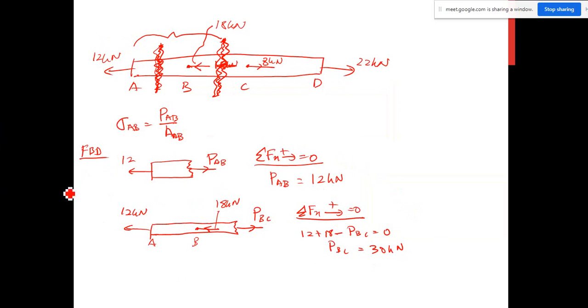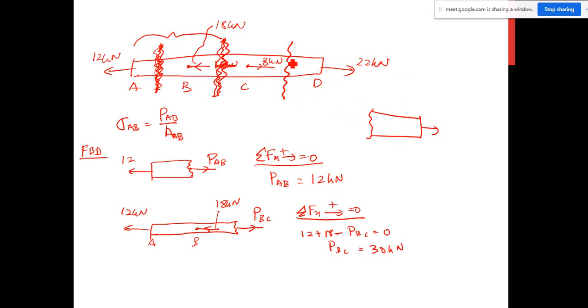Okay, and then last but not least is portion CD. So I do the sectioning at portion CD and then draw the free body diagram. For this case, I draw the right part of the structure, because the left part involves a lot of force, so I choose the simpler one, which is the right part. So I draw the free body diagram.